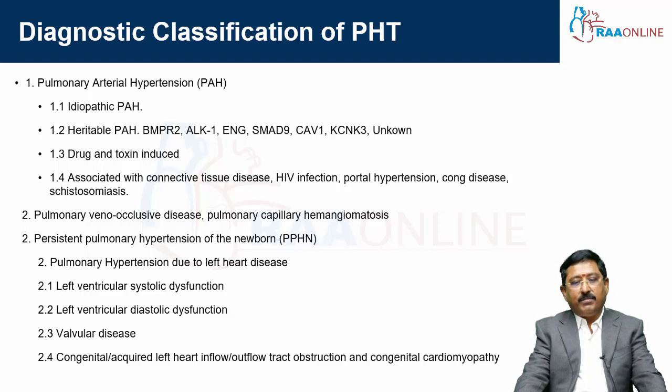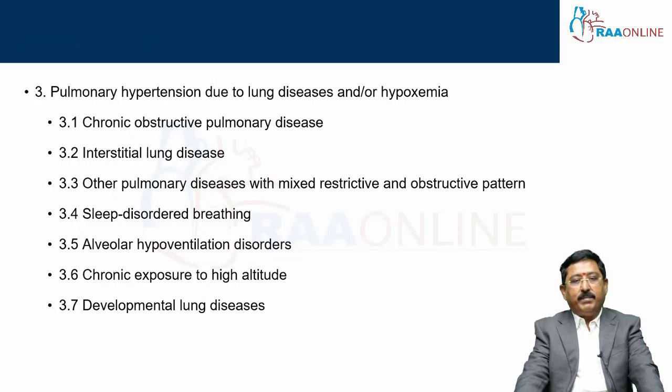Persistent pulmonary hypertension of the newborn, or pulmonary hypertension due to left heart disease, left ventricular systolic dysfunction, left ventricular diastolic dysfunction, valvular disease, congenital or acquired left heart inflow or outflow tract obstruction, or congenital cardiomyopathies can also present with pulmonary hypertension.